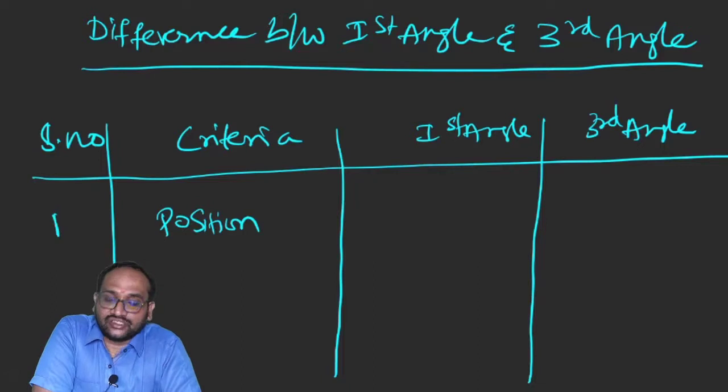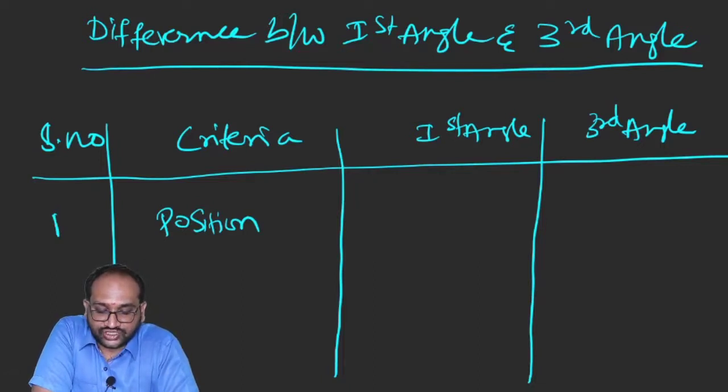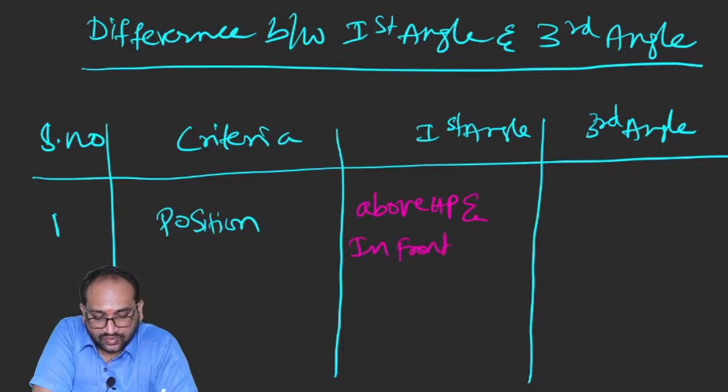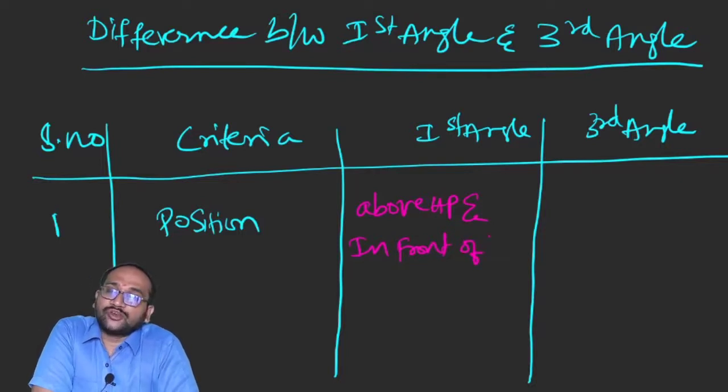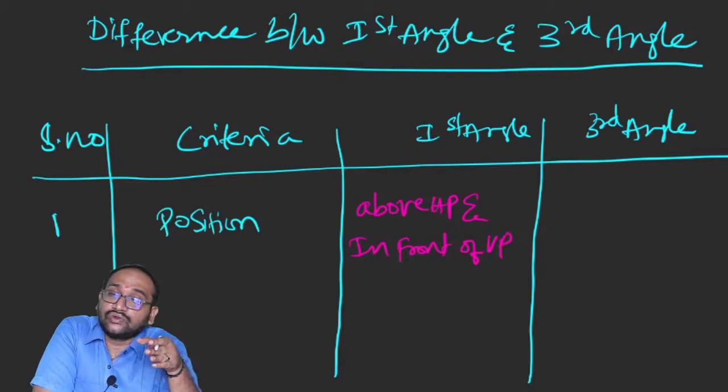First criteria is position. So in first angle projection, position is above HP and in front of VP with reference to the observer.